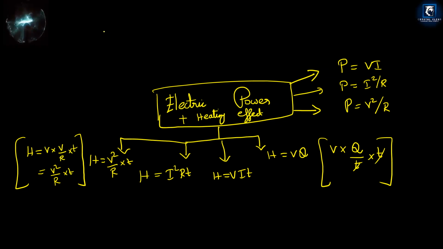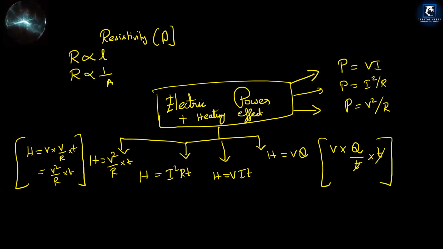Resistivity is denoted by the symbol rho. We can say the relation is that resistance is directly proportional to the length and inversely proportional to the area.